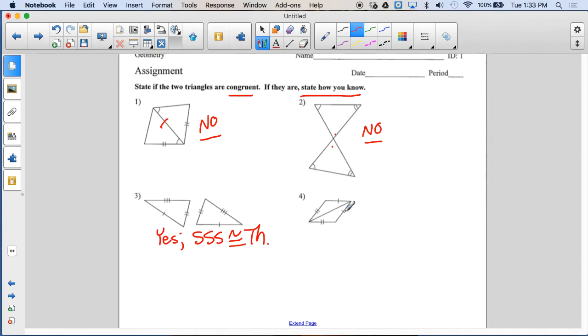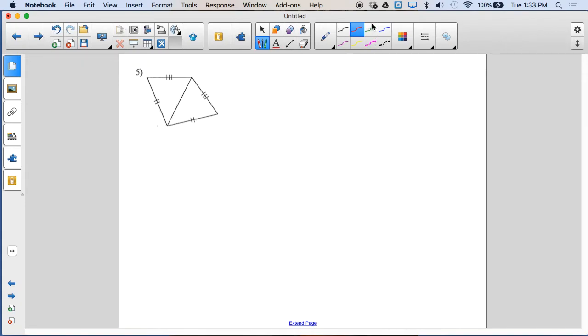Let's look at number 4. I see a 1, a 2, a 1, a 2. Hey, they share a side, so that's their third side. So we can say yes, they are congruent by side, side, side congruence theorem. Okay, number 5.